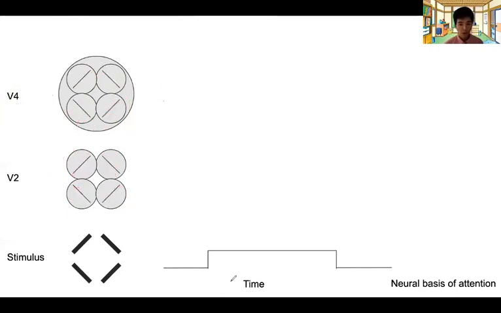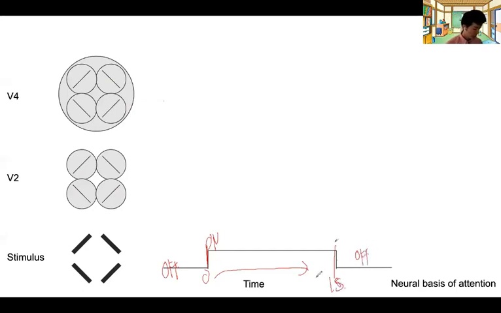Over time here, let's suppose that I don't present this square stimulus initially, and then at time 0, I present it for, let's say, up until 1 second. And after that, it's off.